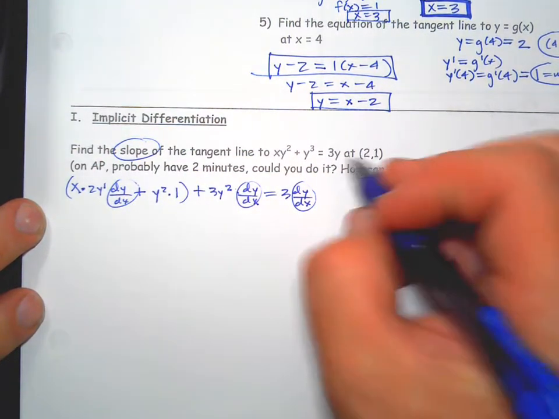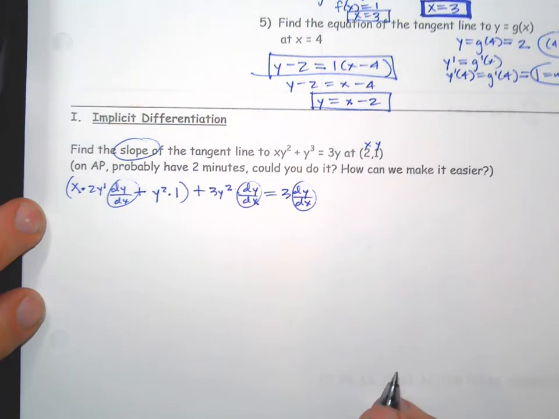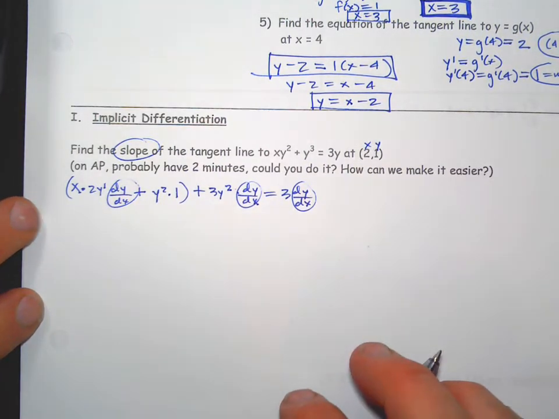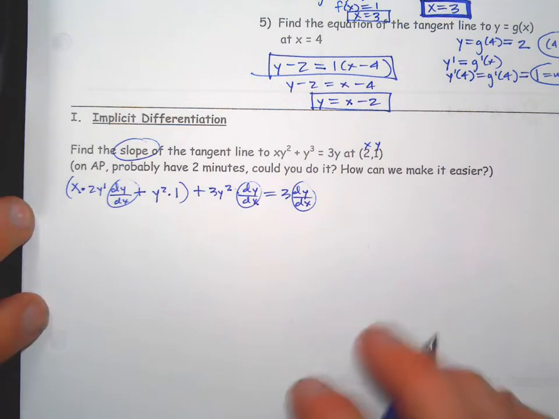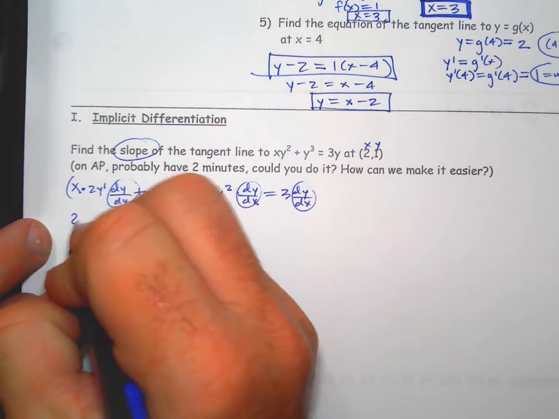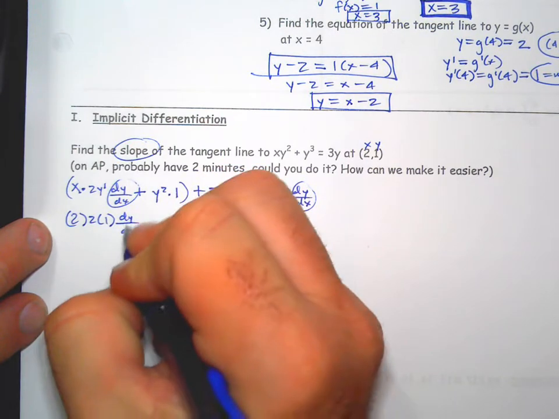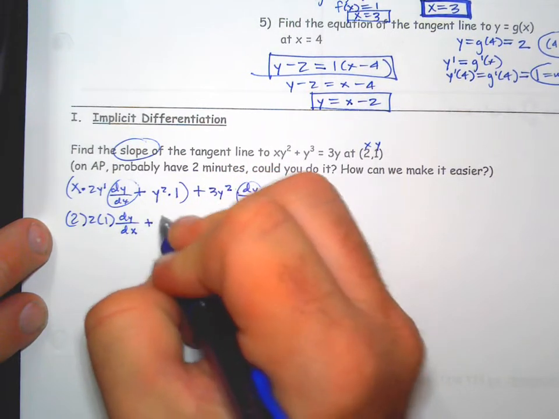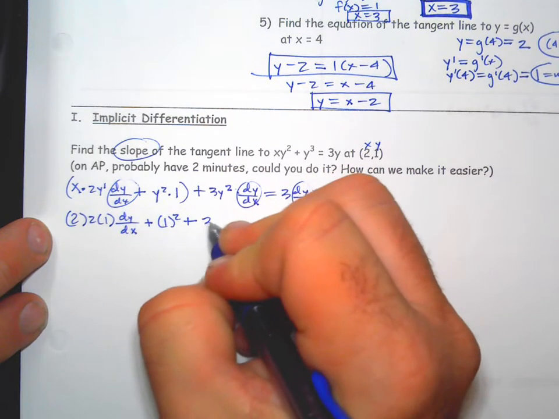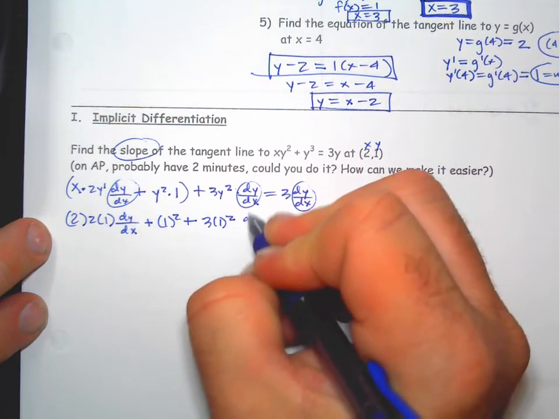But we've been given a very specific point, so I wouldn't try to get dy/dx by itself. That's a lot of extra work for nothing. I'd be plugging these numbers in right now. 2 in for x, 1 in for y.